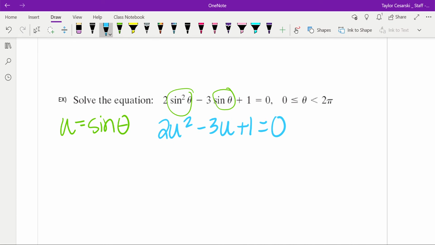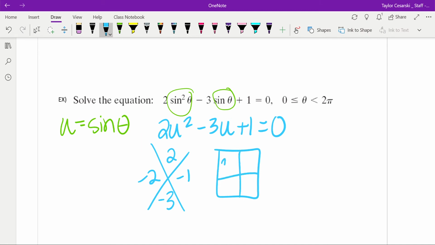So now I have something that I can factor. So I'm going to factor again. You factor however you want. 2 up top, negative 3 on the bottom. Two numbers that multiply to 2 and add to negative 3 are negative 2 and negative 1. So 2u squared, 1, negative 2, negative 1, 2u, 1u, minus 1, minus 1, 2u minus 1, and u minus 1.